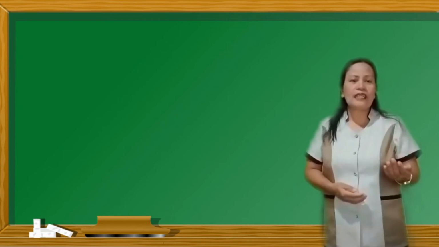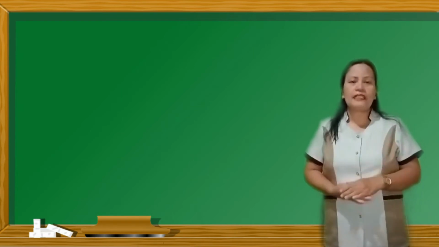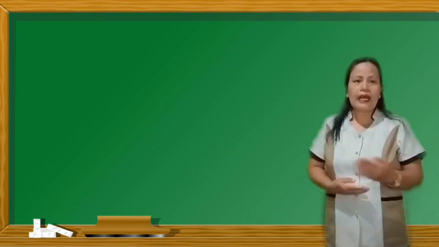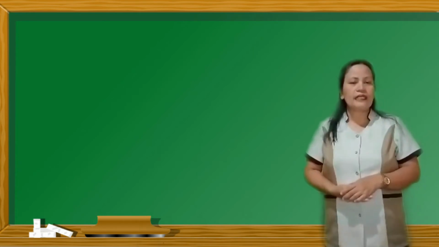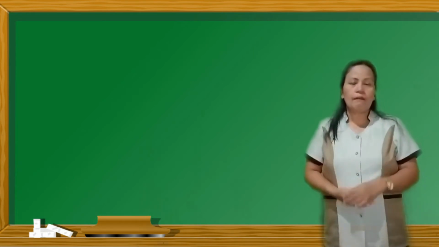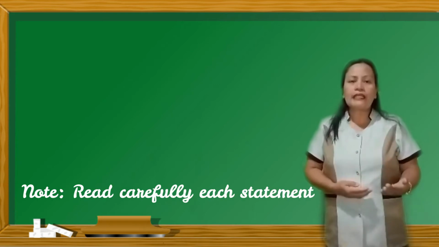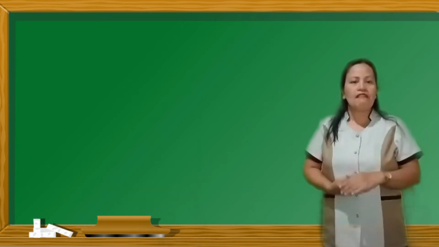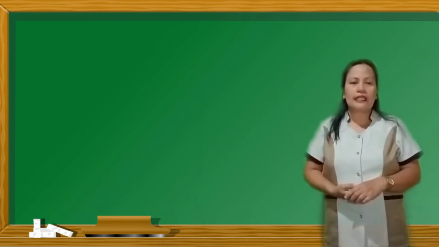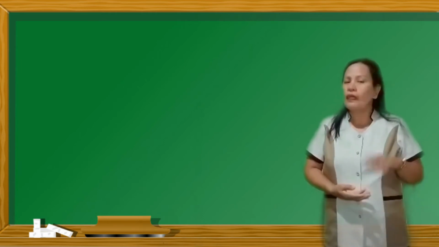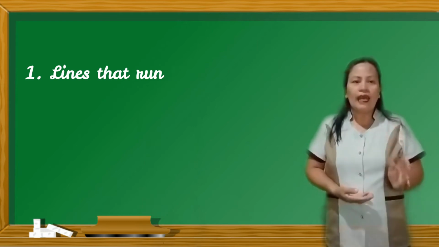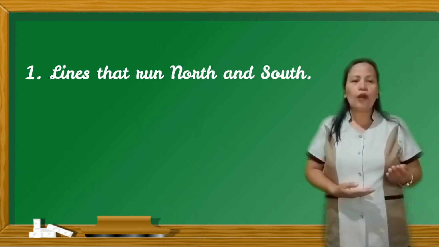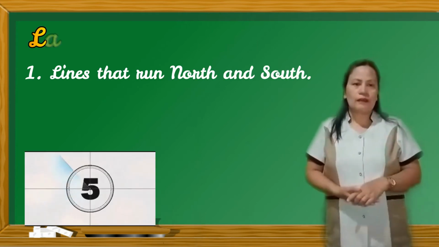How do these two imaginary lines differ from each other? Let's find out by performing this simple activity. Note, read carefully each statement. I will be giving you 5 seconds to answer each question. Number 1. Lines that run north and south.